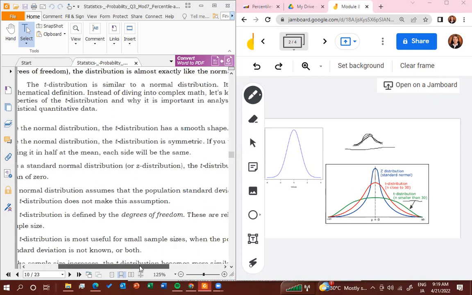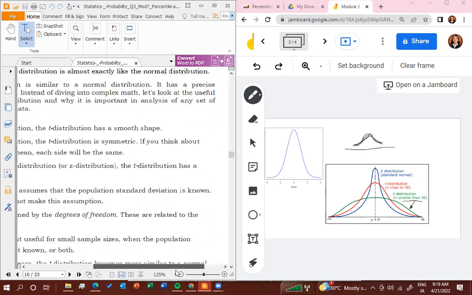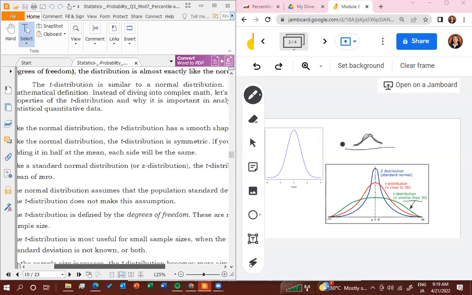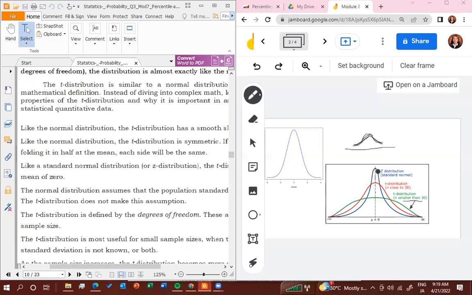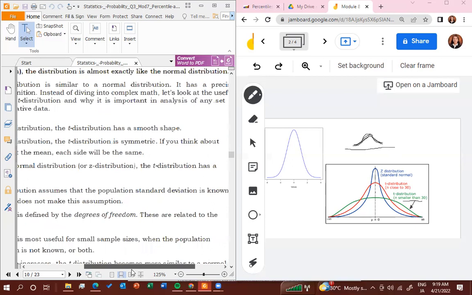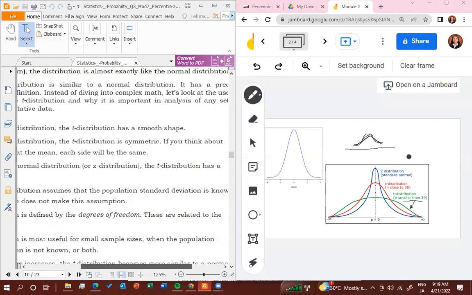The normal distribution assumes that the population standard deviation is known. So, mani ang staggering na difference niya. Mani si Z distribution, we can only achieve this if we have the sigma population or the population standard deviation. Normally, especially when it comes to research studies, hindi na pa-assume or gabi nakabaho ka kung saan siya.